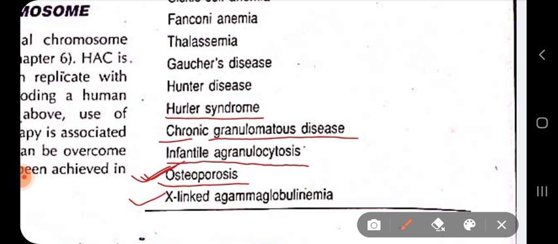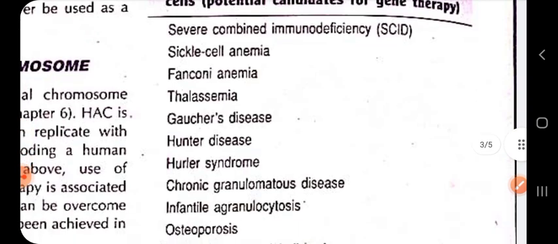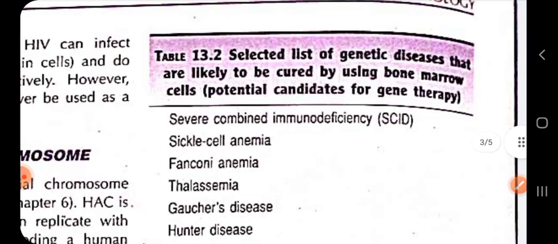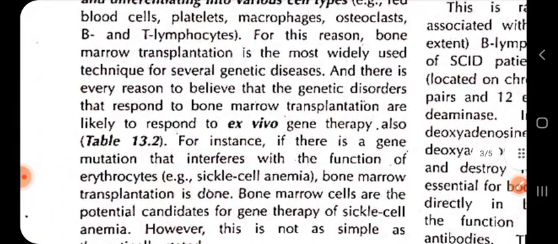X-linked agammaglobulinemia is another type of genetic disease which occurs on the sex cells actually. So all of these genetic diseases can be cured through bone marrow by ex vivo gene therapy.